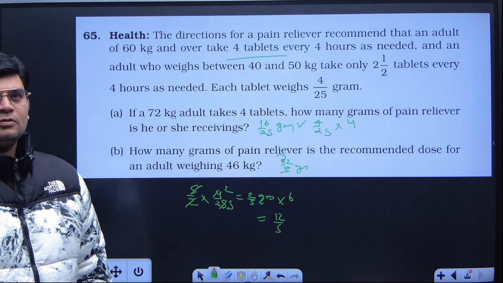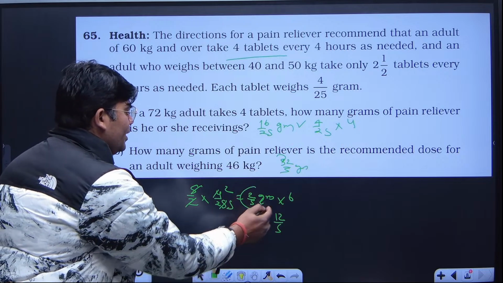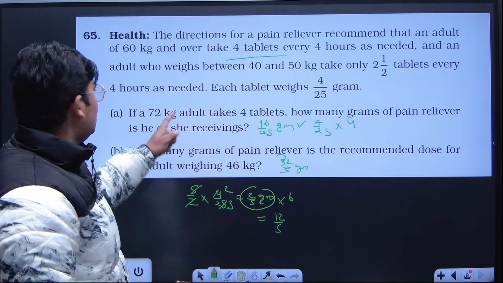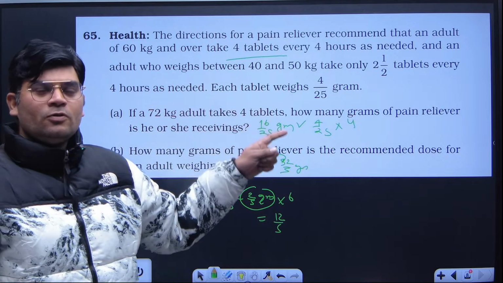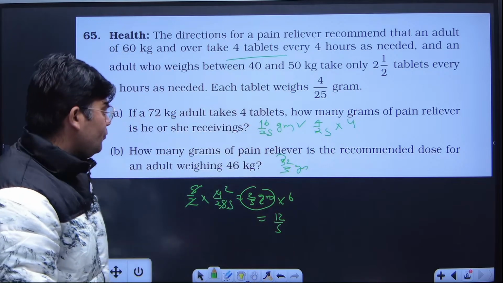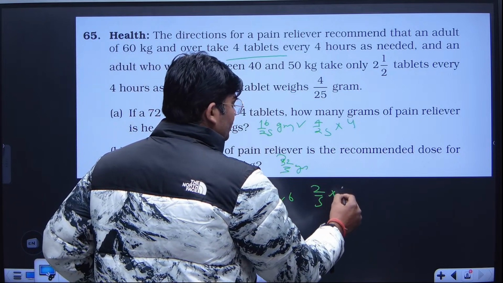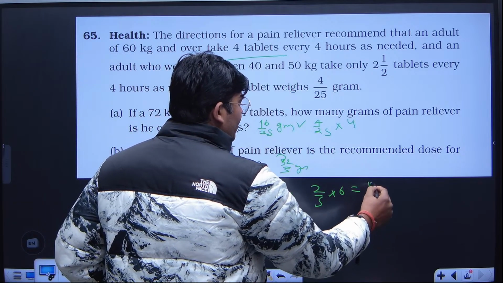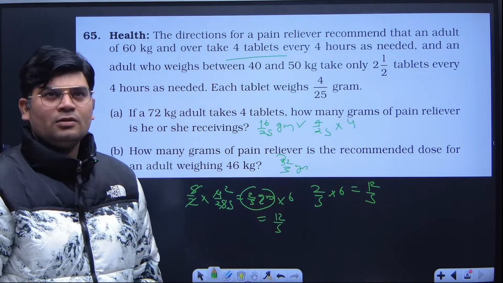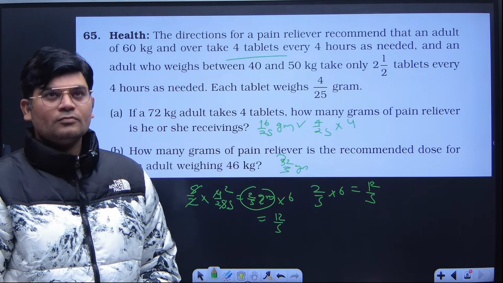No, the answer is 2 by 5 gram for one dose. For 4 hours, one dose, so on a daily basis he will get 6 doses. If you multiply 2 by 5 by 6, you will get 12 by 5 only. How did you say 32 by 5? By mistake, I wrote 16 instead of 6.